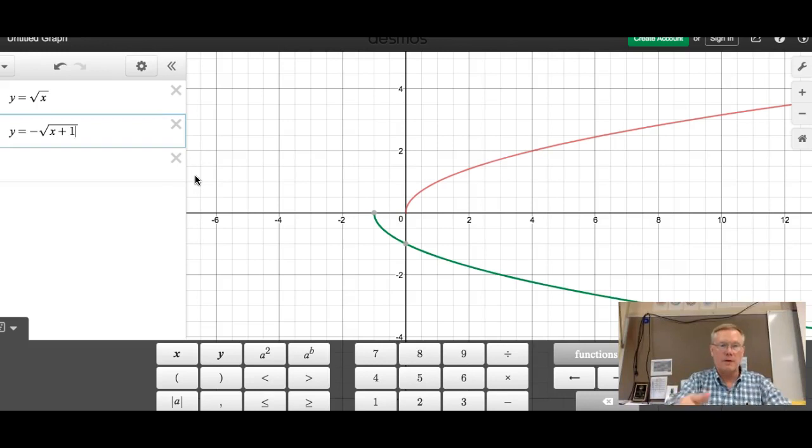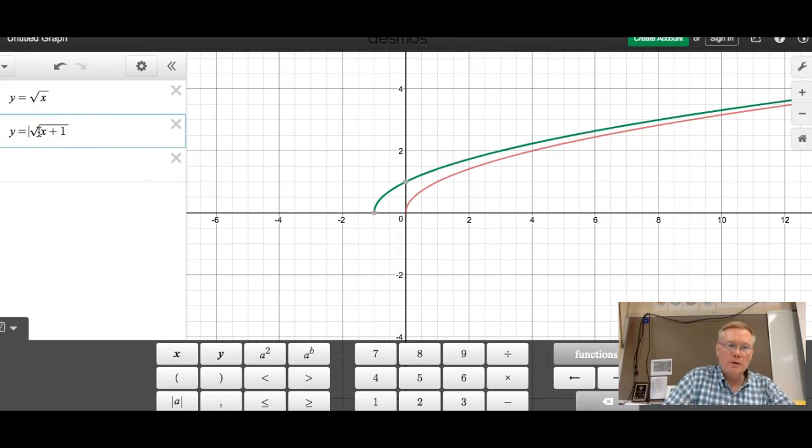I could even say, suppose I took the negative sign out just to clean it up a little bit. If I asked you to take this function y equals the square root of x plus 1 and find the inverse of it, and if I did that quickly, you get y equals x squared minus 1.